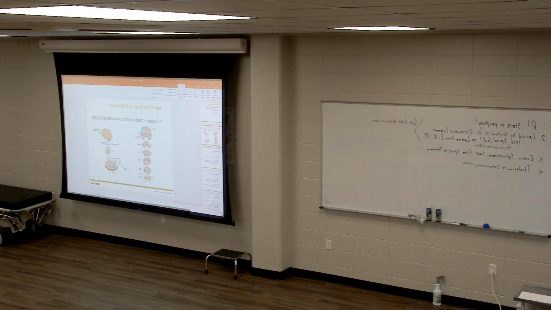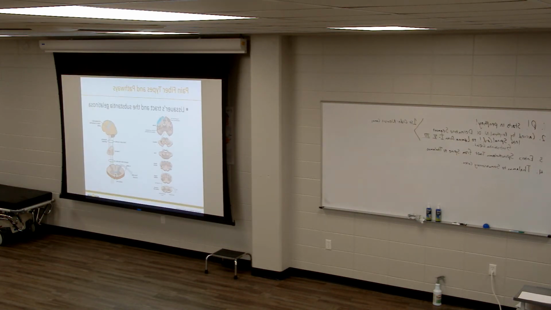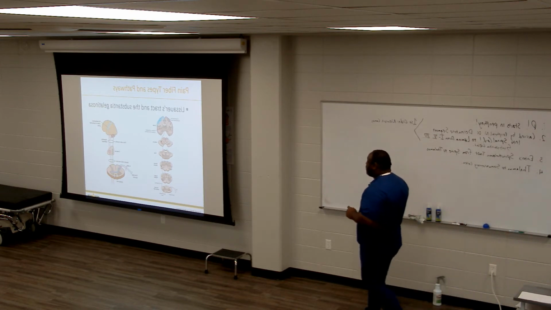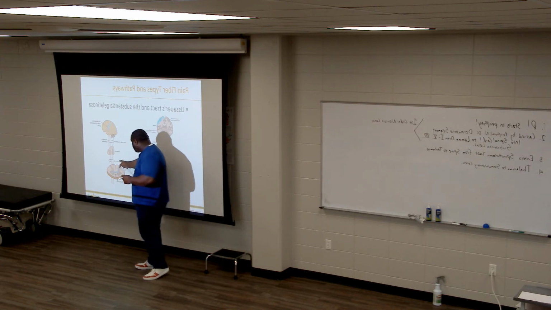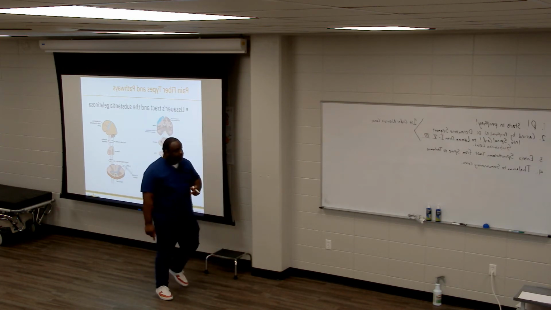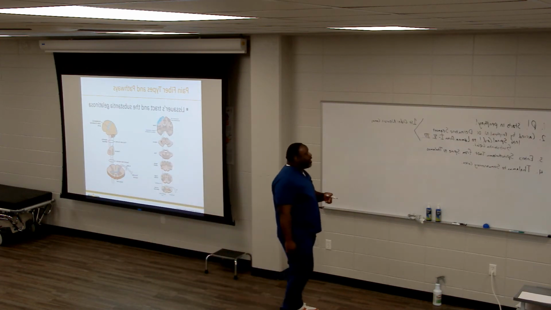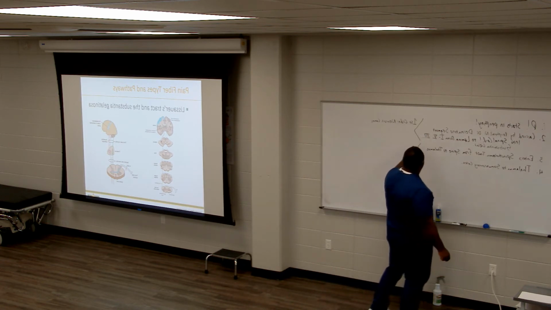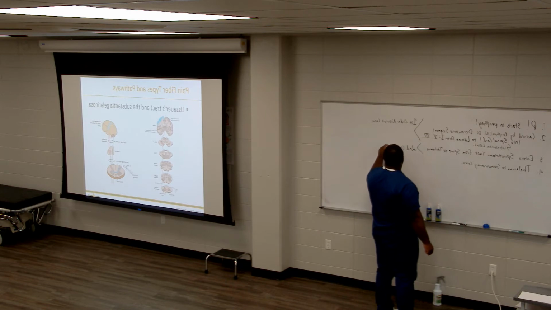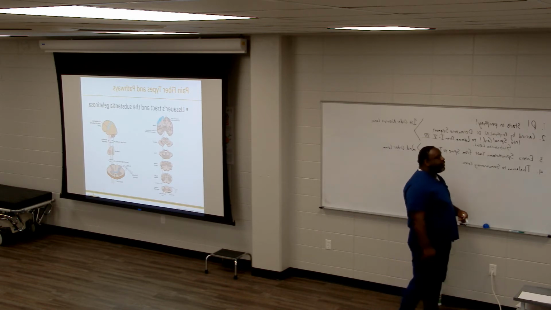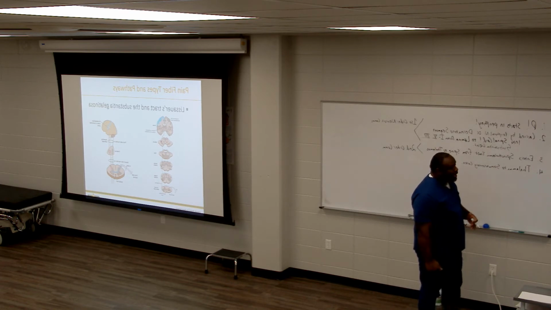Okay, so this is our first order neuron communication, which it even says there. First order neuron from the periphery into the spinal cord. Our second order neuron communication is here, when it enters the spinothalamic tract.